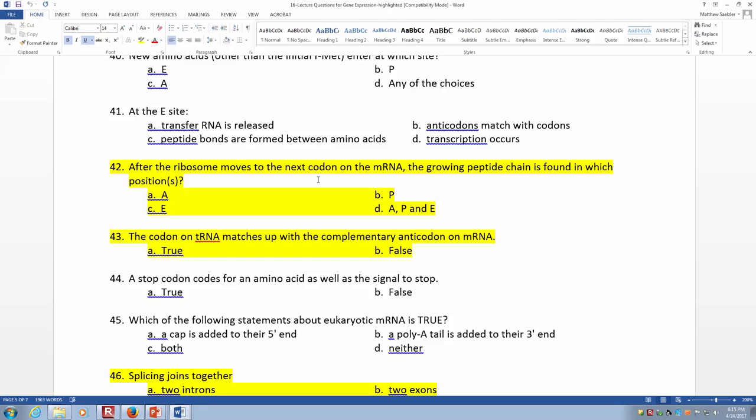43, the codon on tRNA matches up with the complementary anticodon on mRNA. No. Why is that not true? Right. So it should read the anticodon on tRNA matches up with the complementary codon on mRNA, so it switched anticodon with codon.